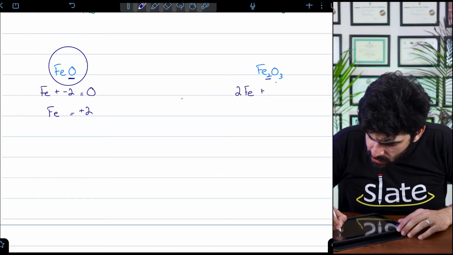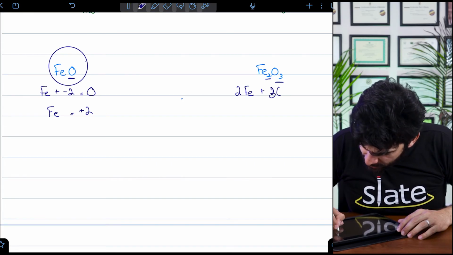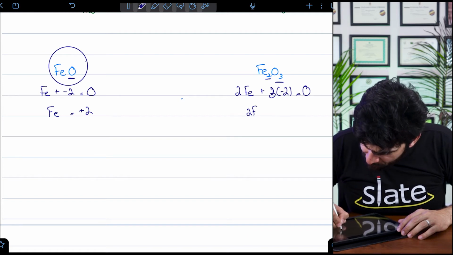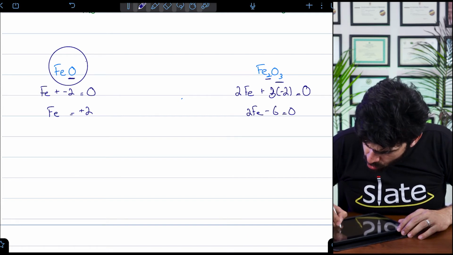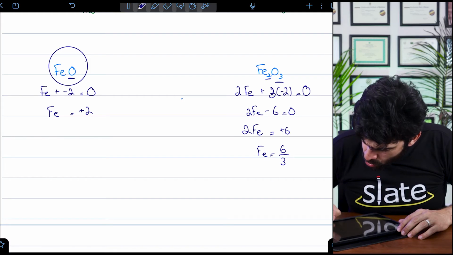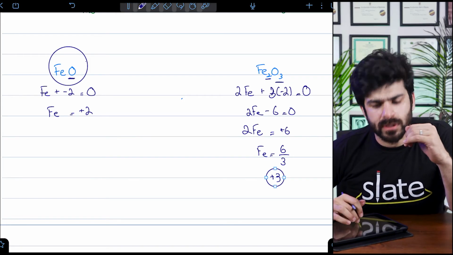Fe2O3. So 3 into -2 equals -6. So 2Fe minus 6 equals 0. 2Fe plus 6 equals 0. Fe equals 6 divided by 2. So iron is +3. That is how you can calculate the state, students.